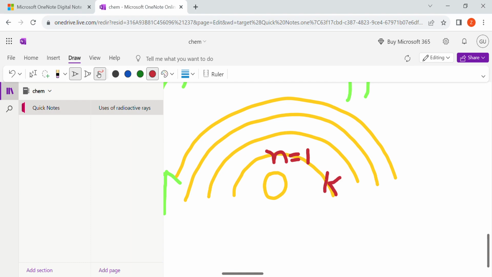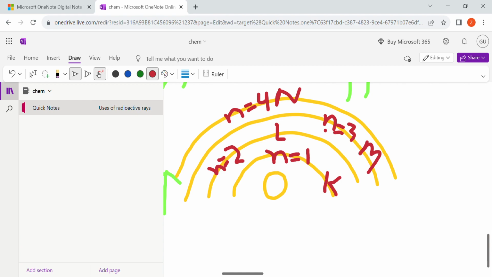Then we have n is equal to 2, that is L shell. Then we have n is equal to 3. As I told you before starting this topic, the principal quantum numbers are denoted by n. That is why I'm giving n.